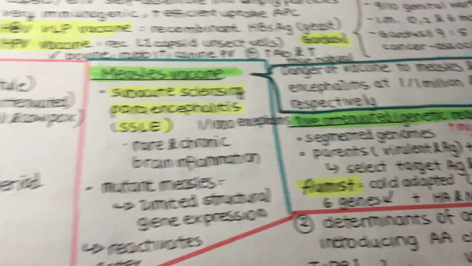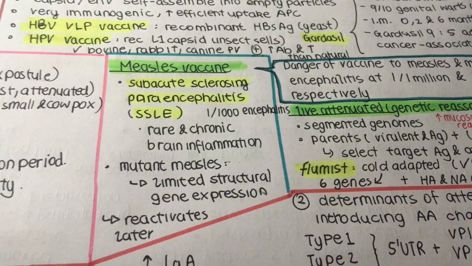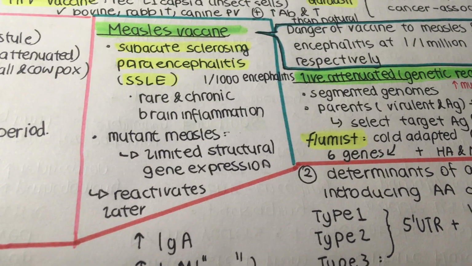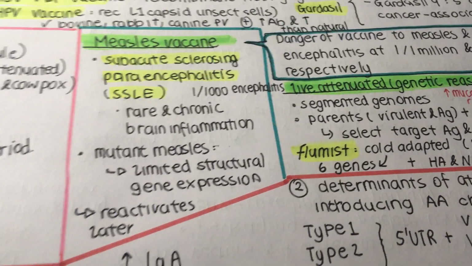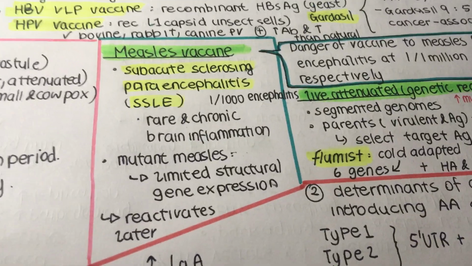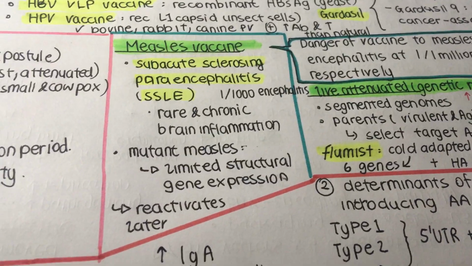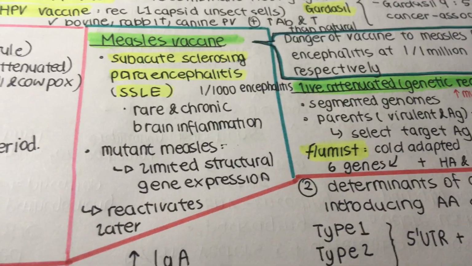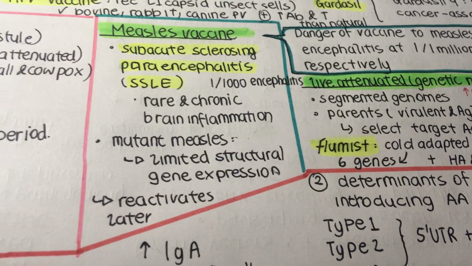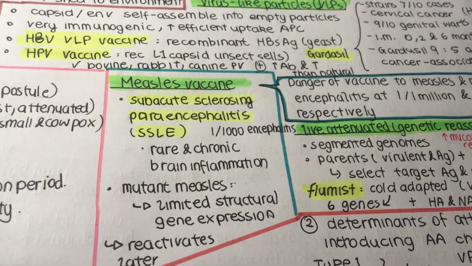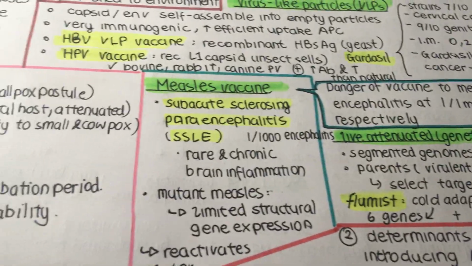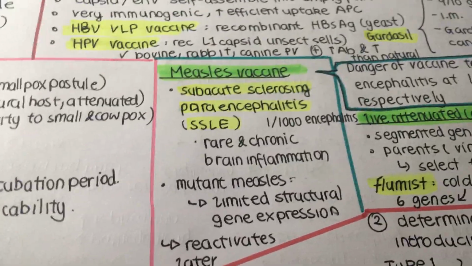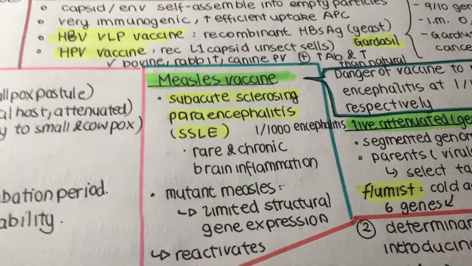Now moving on to the measles vaccine. So measles can actually cause a chronic brain inflammation known as subacute sclerosing panencephalitis. If you Google this, it is actually a very scary condition, which is why vaccination is important. And essentially in the vaccine, you can get the prevention to these deadly consequences by inducing an immune response to the attenuated form.